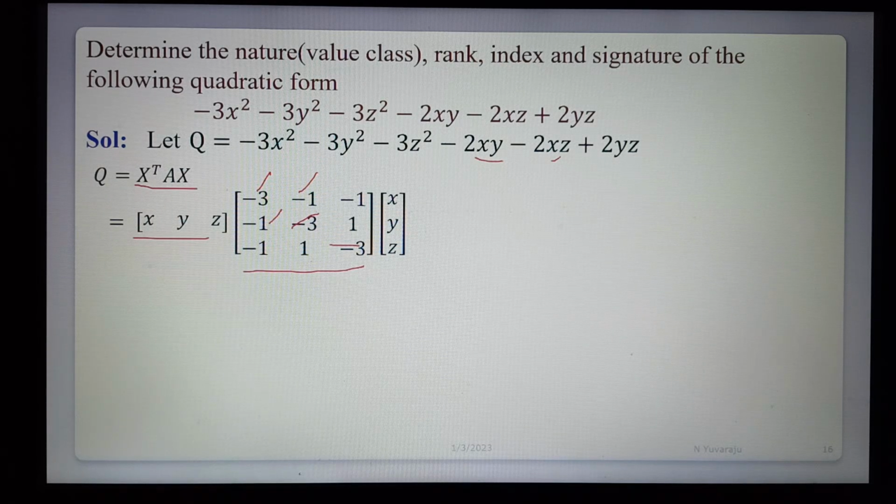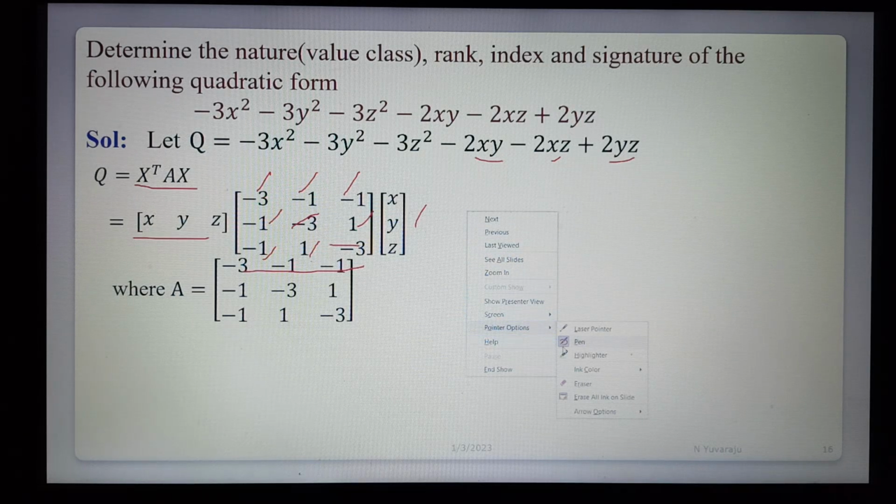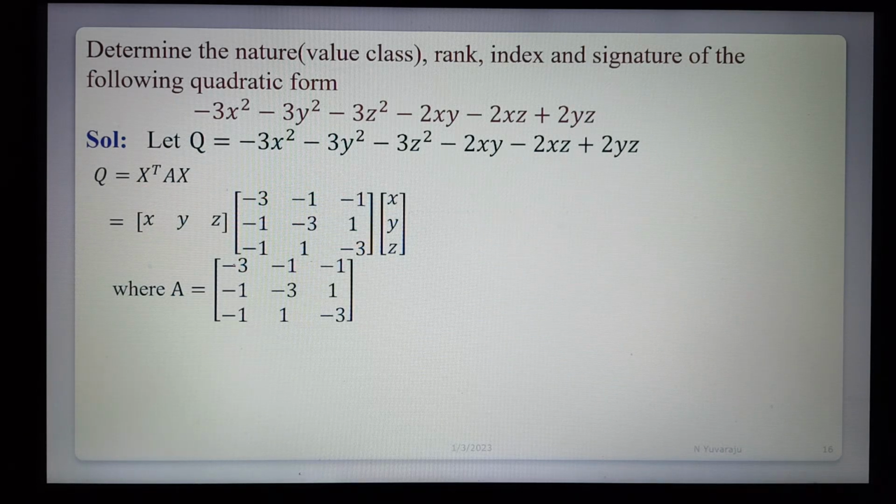Next, the xz coefficient is minus 2, that is half, minus 1, minus 1. Next, the yz coefficient is 2, that is 1, 1. So this is the X. Therefore the coefficient matrix A is equal to [-3, -1, -1; -1, -3, 1; -1, 1, -3]. So this is the coefficient matrix. Now finding the eigenvalues.